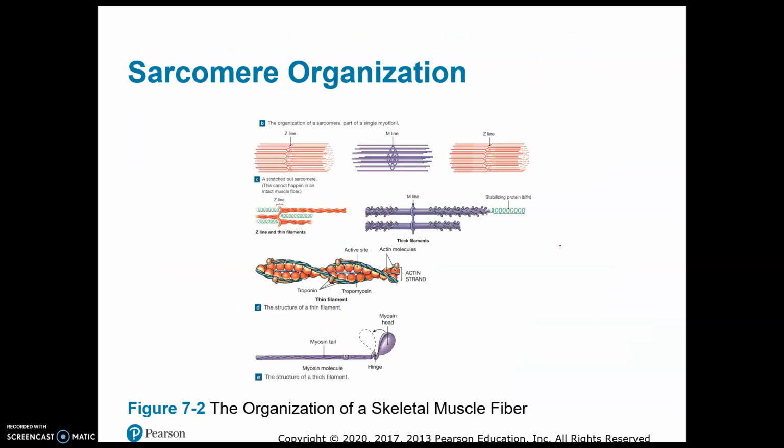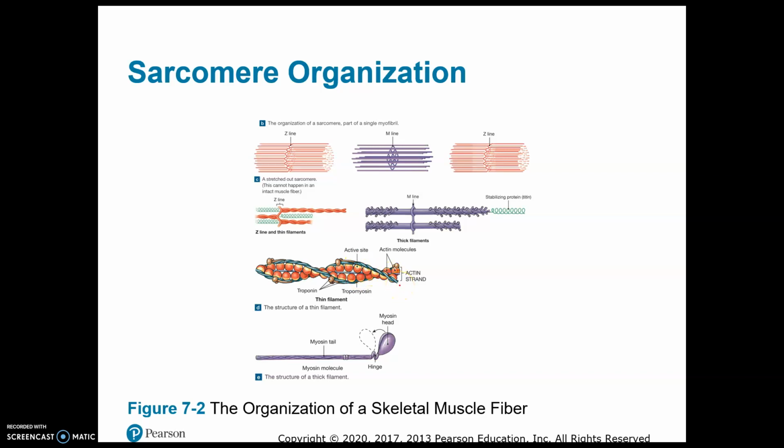I guess I don't really like this picture that well, but okay, so this is a strand of actin, which you're looking at right here, and the tropomyosin is this rope that kind of covers over the active sites. The active sites are yellow on an orange molecule. The yellow part is the active site.